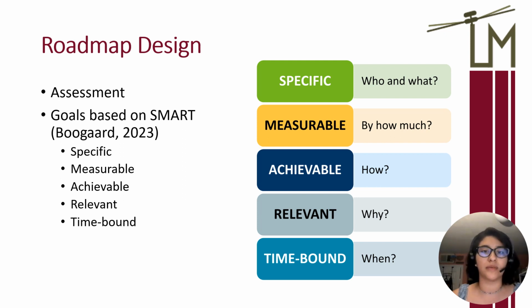Next, the goals are established around the SMART guide, and this is used to define goals that are specific as to what and who will be involved, goals that can be measurable regarding how much they will cost, goals that are achievable in terms of how they will be accomplished, goals that are relevant and there are reasons to why they are even a goal, and something that is time bound to a time frame. Then, based on these goals and specifications, the plan can be begun by the IT team.